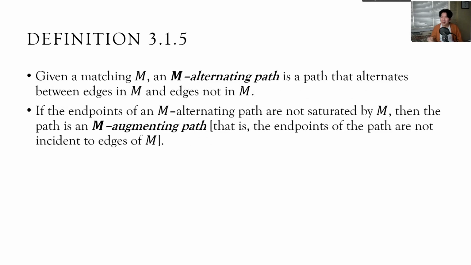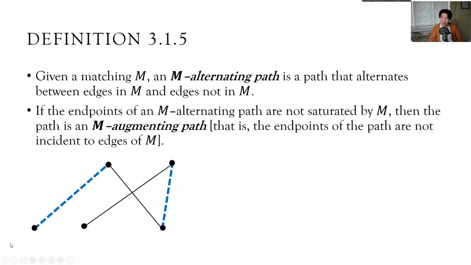An M alternating path is a path where the edges of my path alternate between edges in M and edges not in M. For example, I can consider this an M alternating path. I have a path, everything just follows in a straight, quote unquote, line. And I can see here the edges alternate from being in M and then not in M. So this is an alternating path.